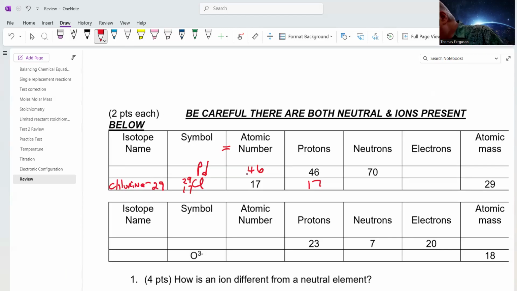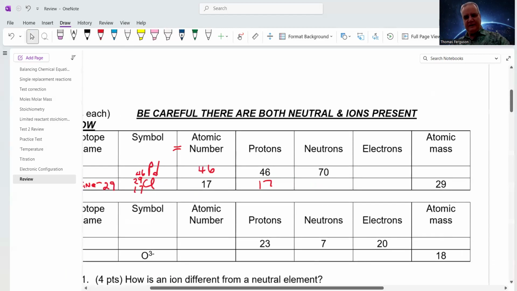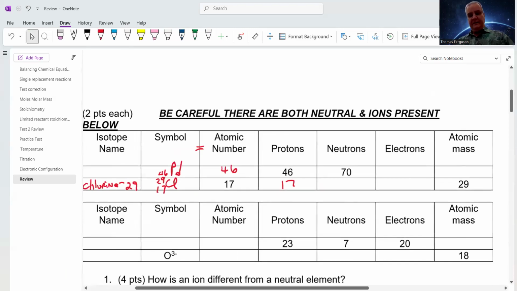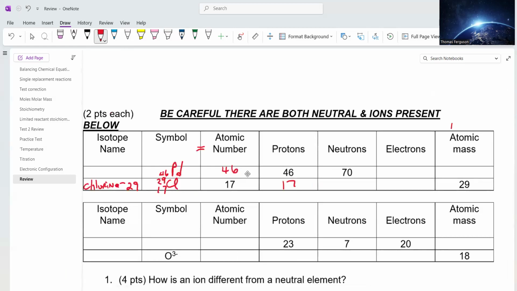About 46, what element is 46? So that's 46 on the bottom. And what is the atomic mass for that isotope? We need to calculate it. So that's protons plus neutrons.